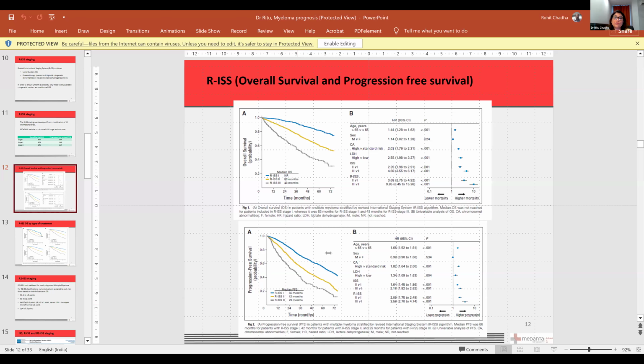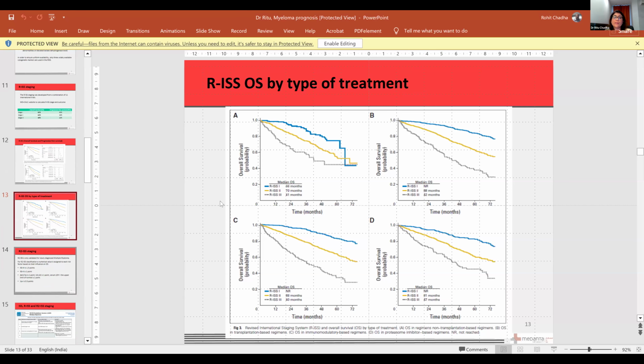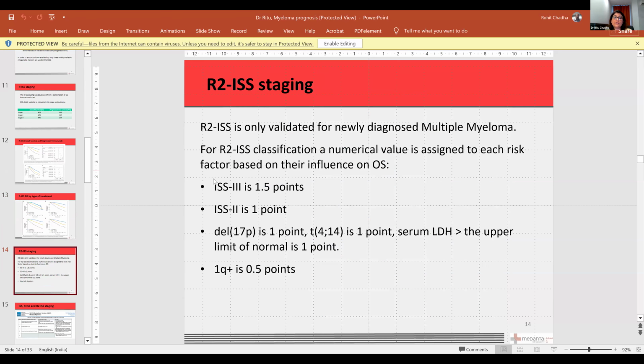This was also done based on the treatment the patient received: without transplant, with transplant, and with proteasome inhibitors and immunomodulatory medicines. The overall survival was almost similar for post-transplant, immunomodulatory drugs and proteasome inhibitors. So RISS was found to be a very robust marker to stage the disease.